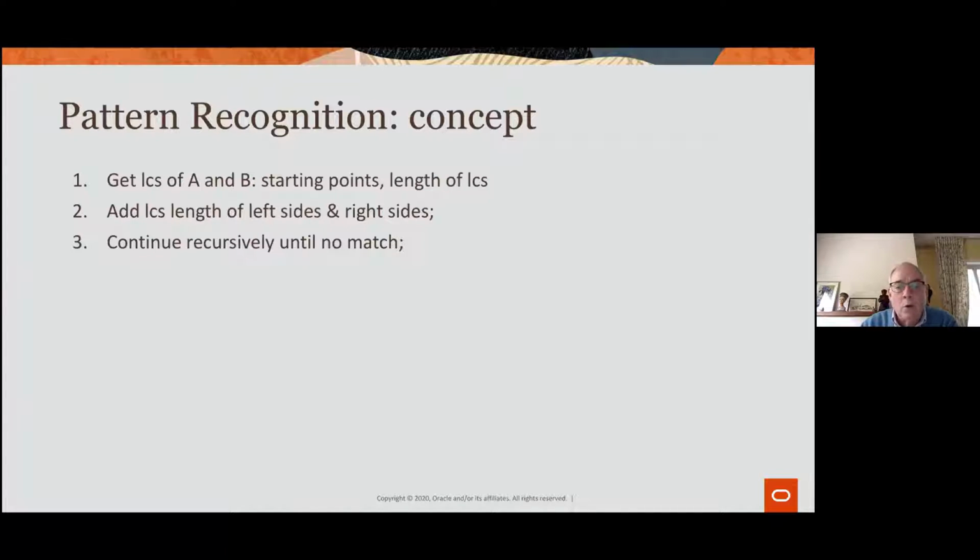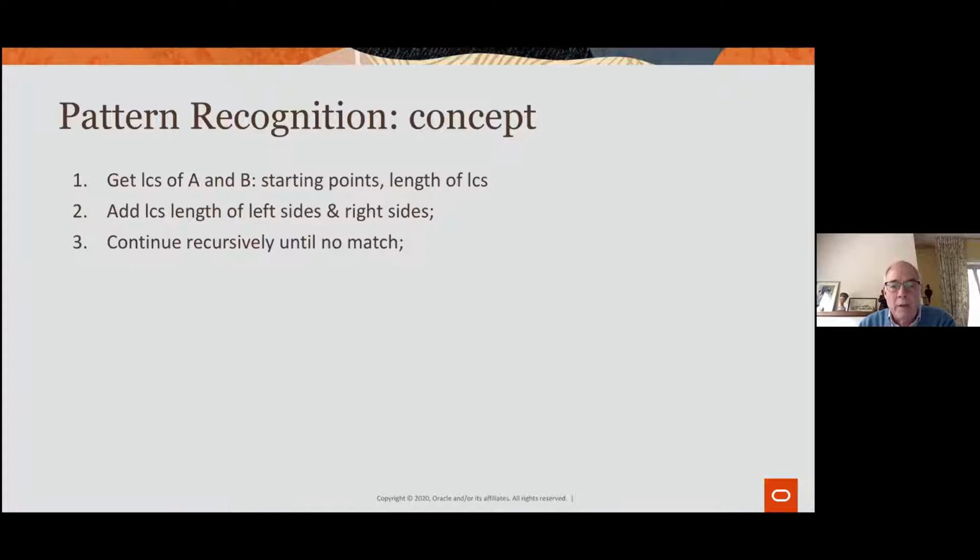That is, what's left once you pull out that longest common substring. You're left potentially with a left part of A, a right part of A, a left part of B, and a right part of B.